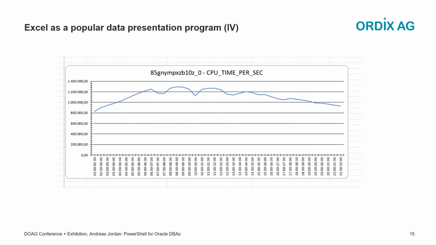I like time graphs, and with PowerShell and some loops, it's totally easy to generate, let's say, for 20 different SQL statements, graphs for 10 different aspects. I have in total 200 diagrams. I don't have to build them on my own. I just have to program the loops, 2 loops, and then I just have to look at the Excel, scroll through all the 200 diagrams until I find something interesting where I think, oh, I have to have a deeper look into this statement and this parameter. So that is very easy for me.